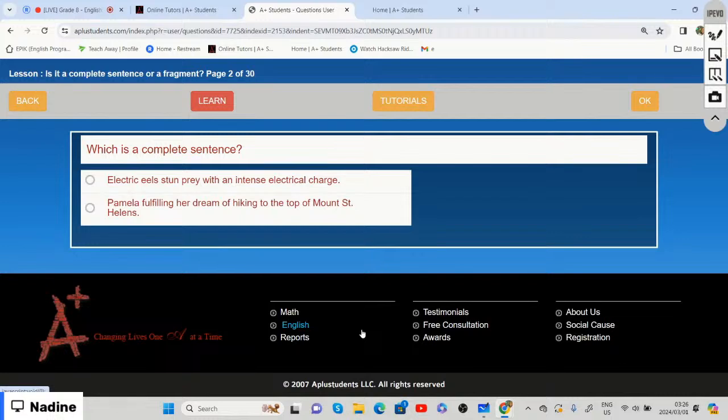We need to say which is a complete sentence. Electric eels stun prey with an intense electrical charge, or Pamela fulfilling her dream of hiking to the top of Mount St. Helens.